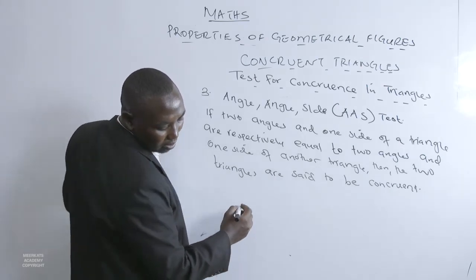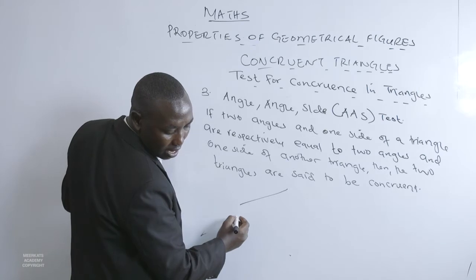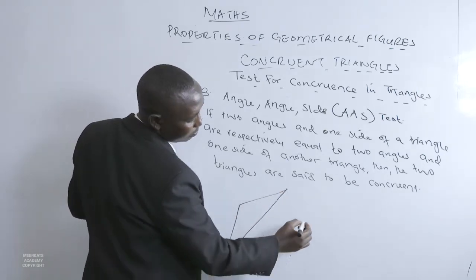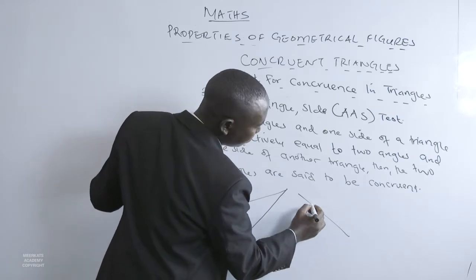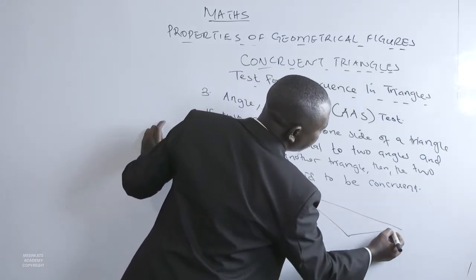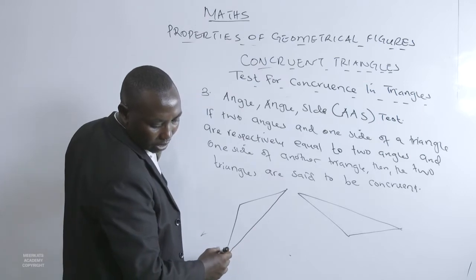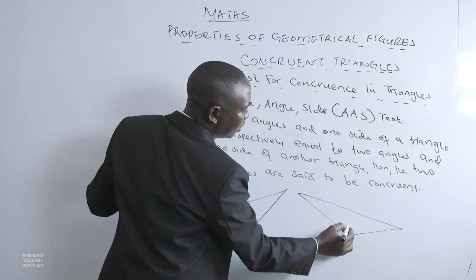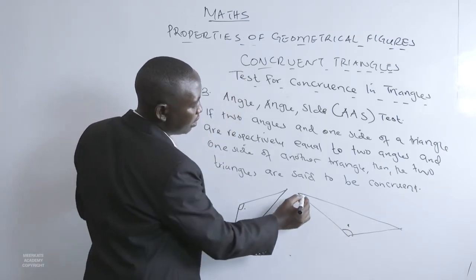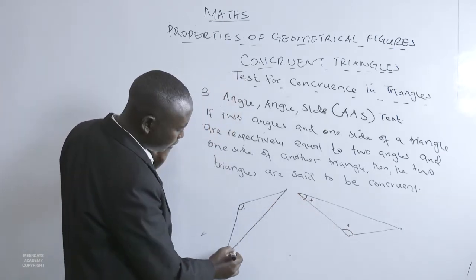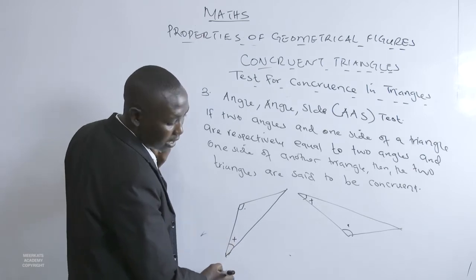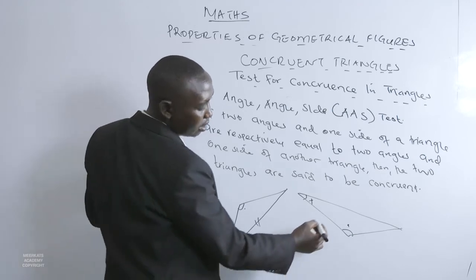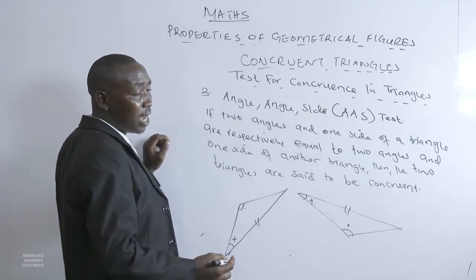where we are told that this angle is equivalent to that angle, this angle is equivalent to this angle, then we have this side which is equivalent to the other side.